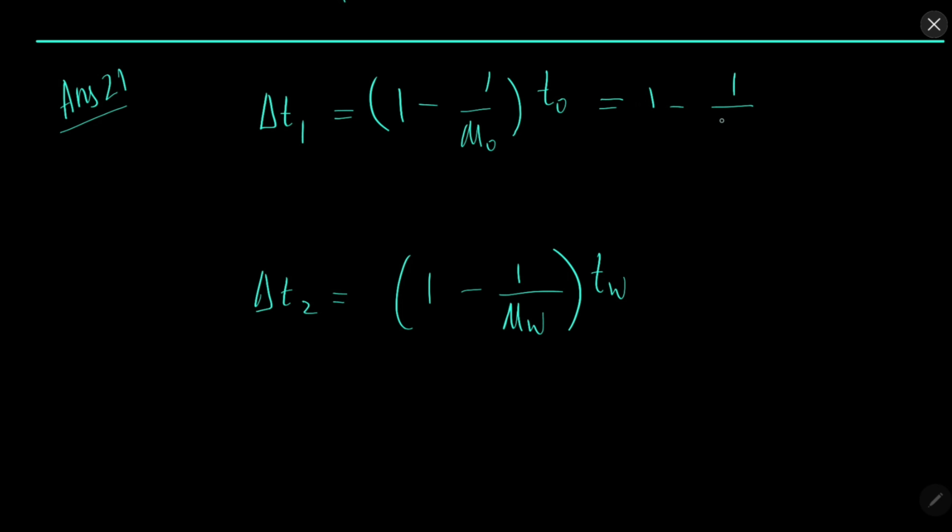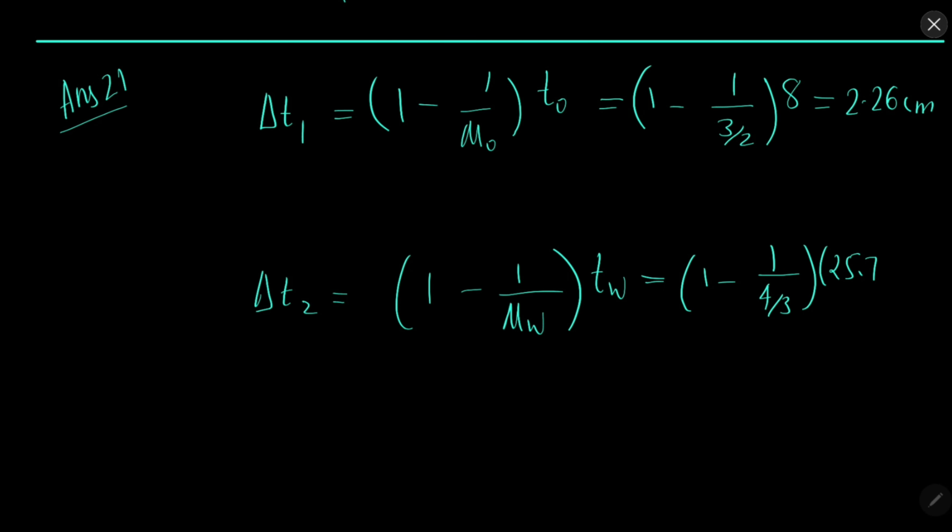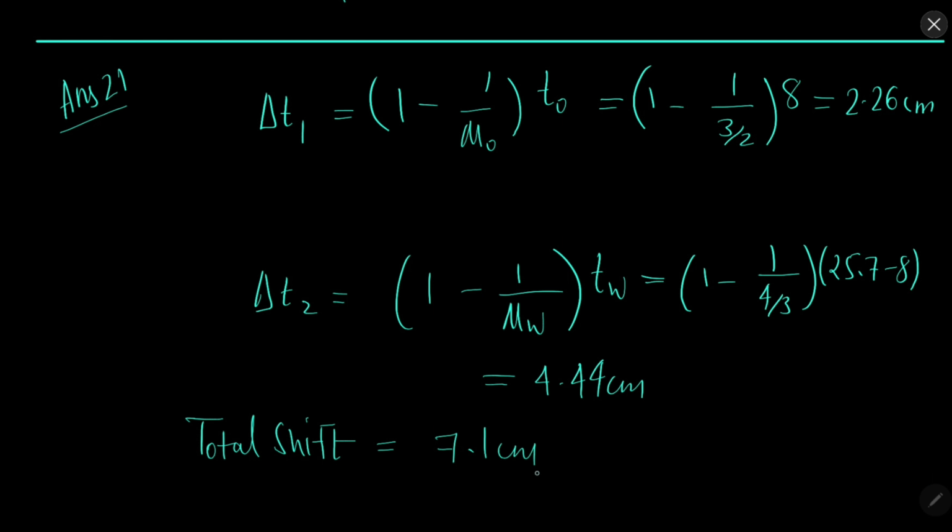It will be 1 minus 1 by 3 by 2 into 8, which will be 2.26 centimeter, and it will be 1 minus 1 by 4 by 3 into 25.7 minus 8, 4.44 centimeter. Total shift 7.1 centimeter above the bottom.